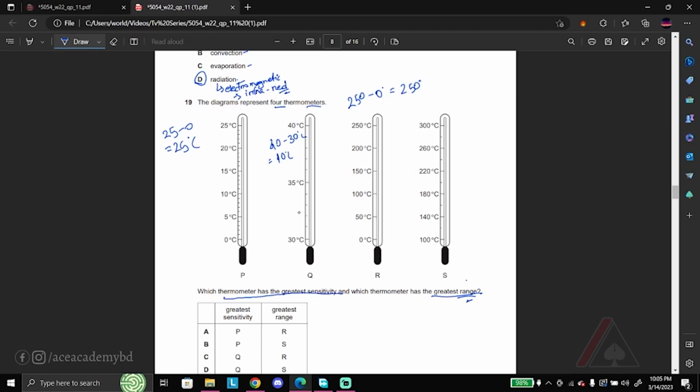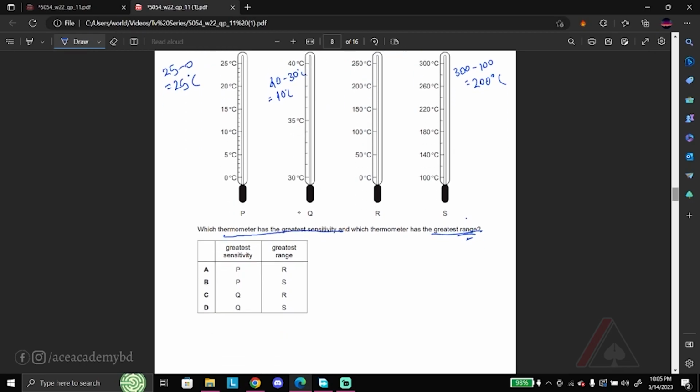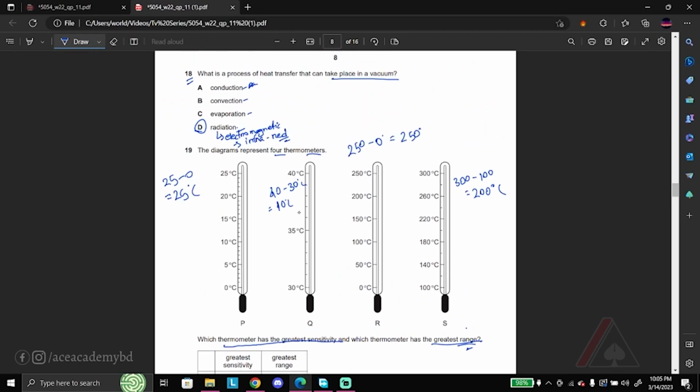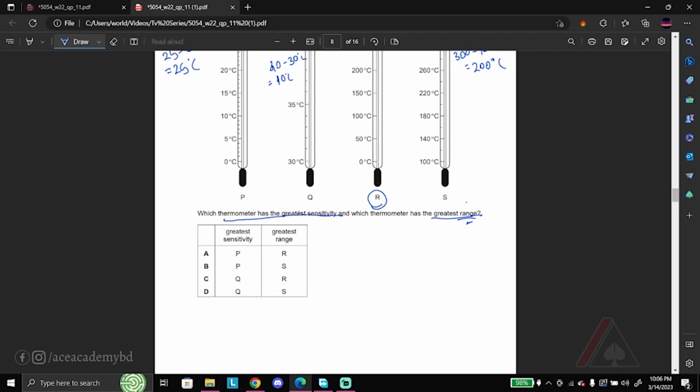And for S, it's 300 minus 100, which gives me 200 degrees Celsius. So the highest range among these 4 thermometers belongs to thermometer R, so these two could be our probable answers.